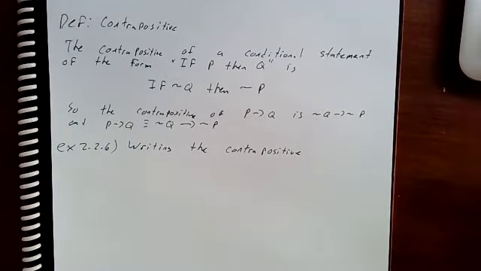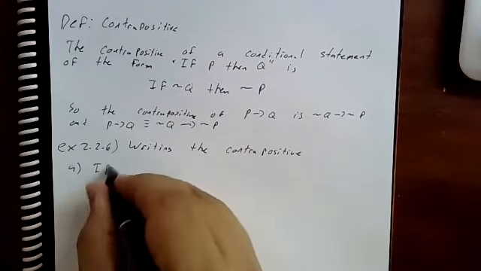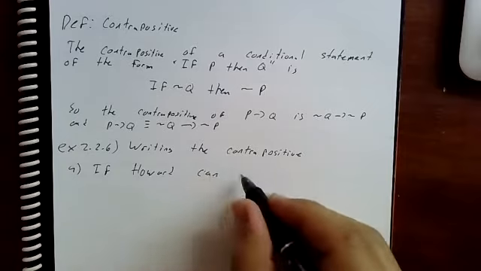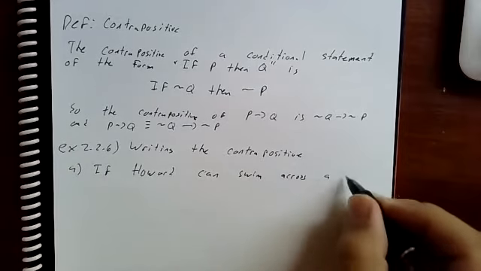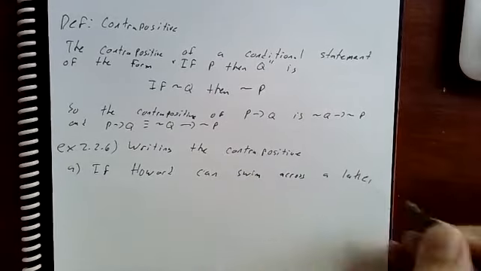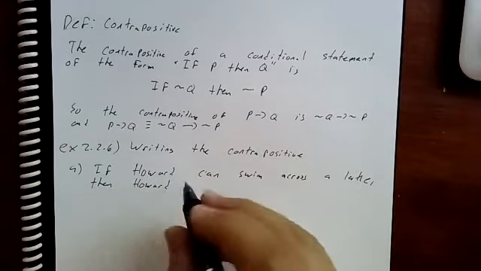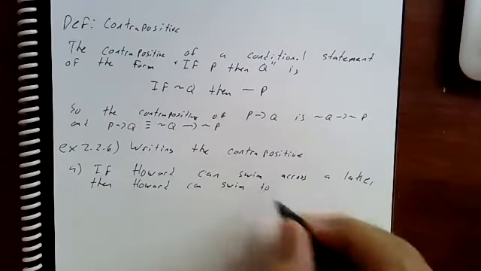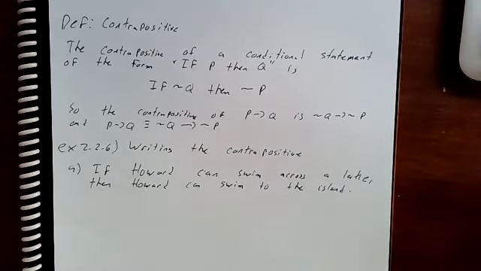So, writing the contrapositive, part A. If Howard can swim across a lake, then Howard can swim to the island. So the contrapositive would be, right?